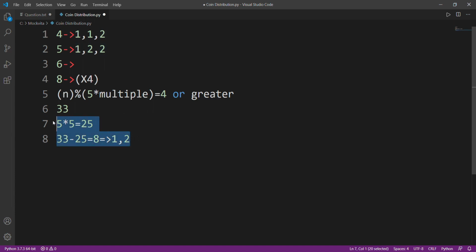If I put my 33 here and take modulo of some multiple of 5, suppose I take 6, then I will get a remainder which is 33 modulus 30, which will be 3. But instead of that, if I take 5, I get 25, and 33 mod 25 will give me 8, which means yes, I can use only 5 coins.